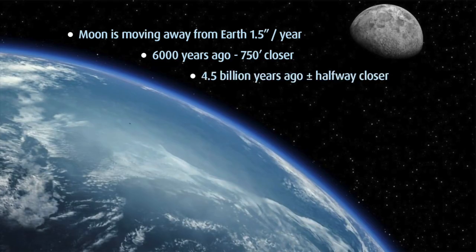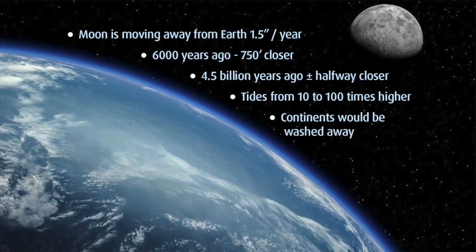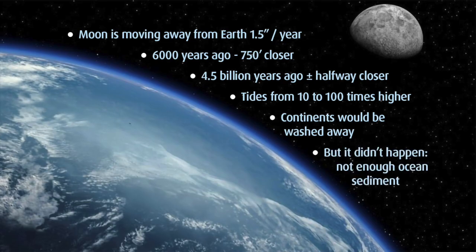But 4.5 billion years ago, it would have been halfway closer to the Earth. That would have created tides from 10 to 100 times higher than we experience now on the Earth. And that should have washed away all of the continents. But we know it didn't happen because there's not enough ocean sediment.